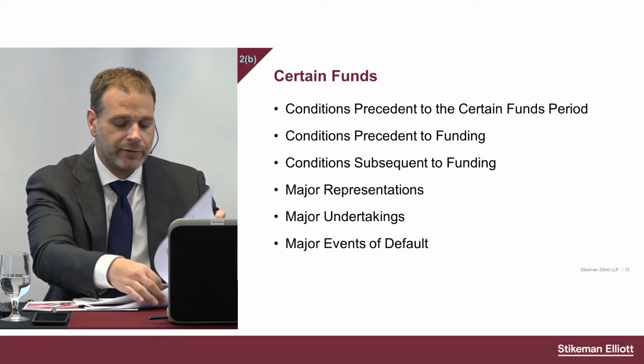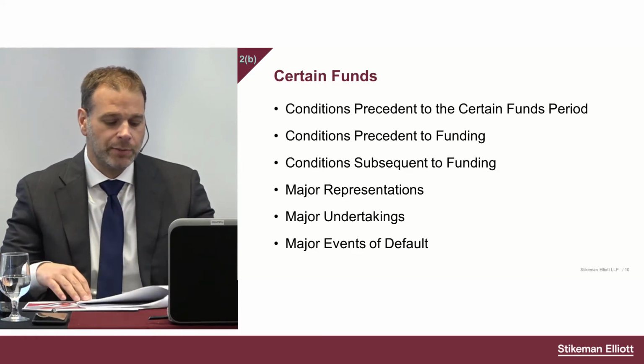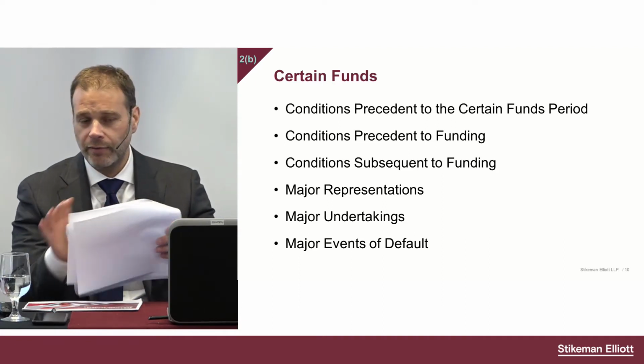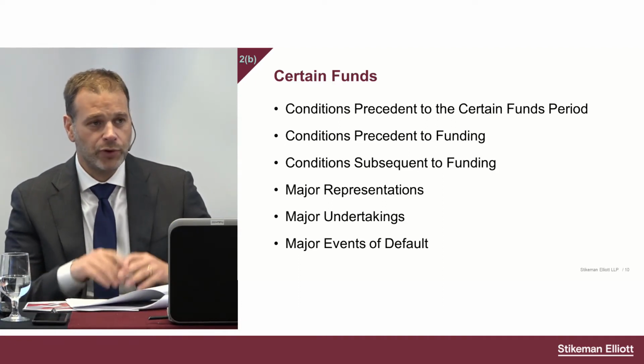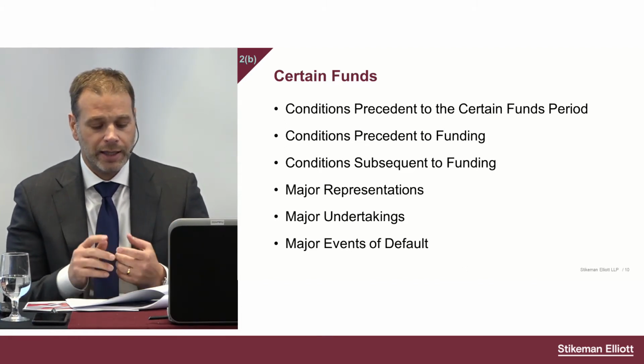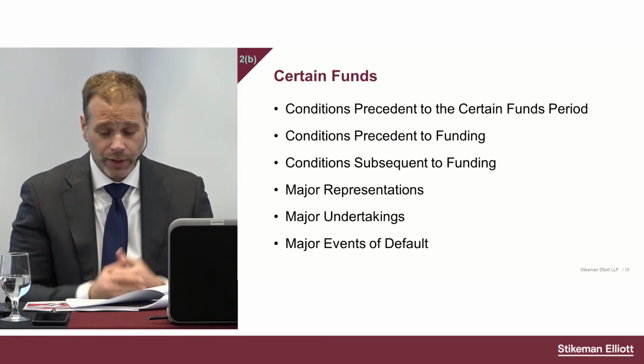If we look at perhaps what some of these major representations are, very limited, and we're talking about really the BidCo, so usually the acquisition vehicle. Which in many instances is a newly formed entity, so it's a pretty easy set of reps to provide. Exactly.